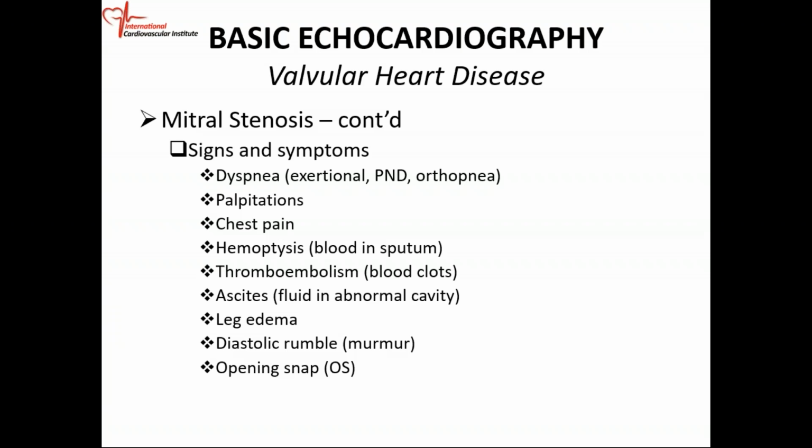And because they develop pulmonary venous hypertension, they can develop pulmonary edema, the lungs flooding with fluid, and they tend to cough up blood because the increased pulmonary venous pressure can cause damage to the capillaries.